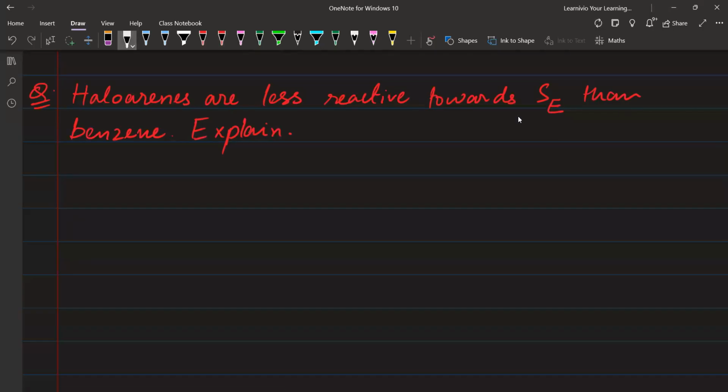Explain. See, देखिए, halogens are less reactive towards electrophilic substitution than benzene.